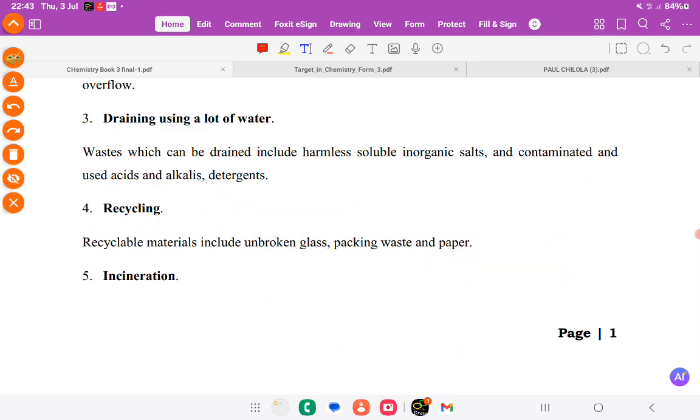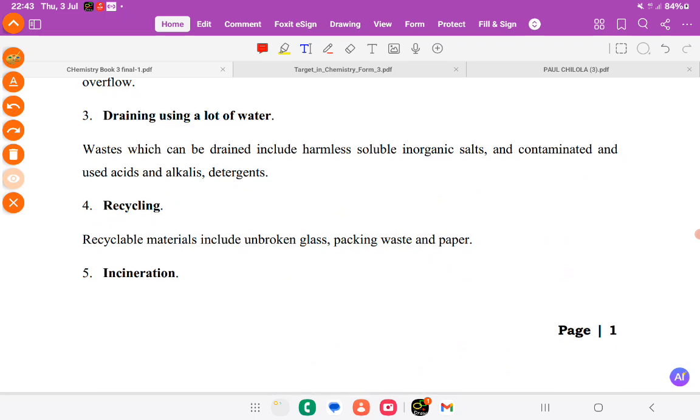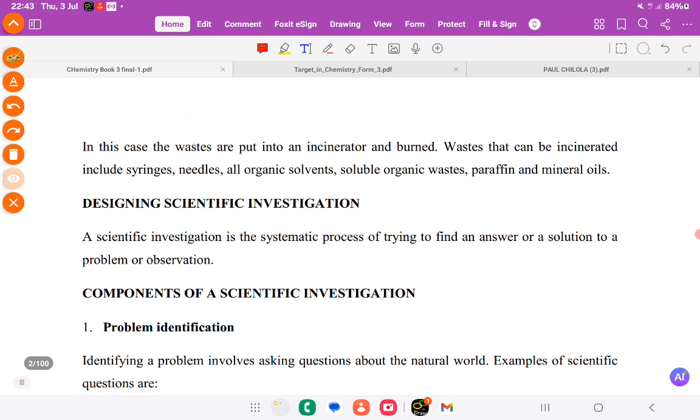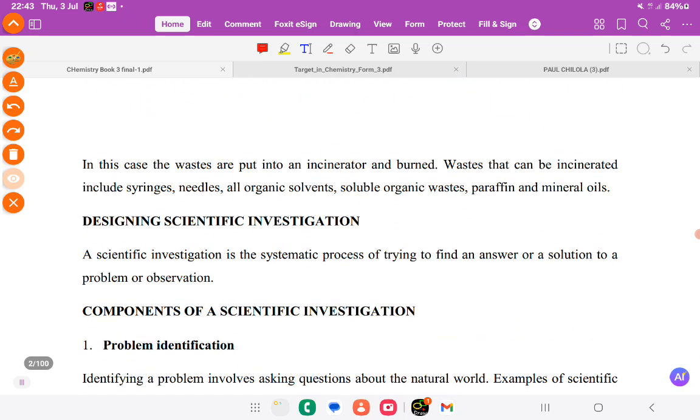All right. Another way to dispose of waste is what is called incineration. Incineration is simply the use of heat to burn a material. So in this case, waste is put into a chamber which is called an incinerator. Okay, you find incinerators in hospitals and in some industries.